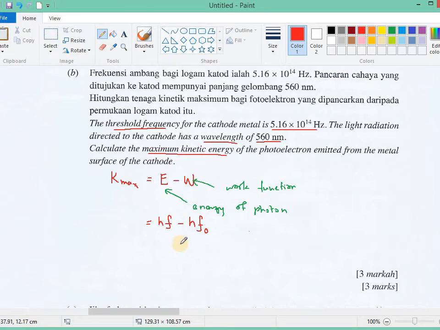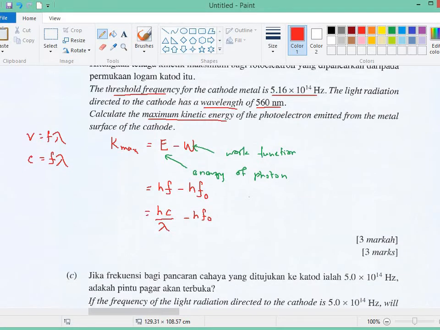Since speed of light equals frequency times wavelength, from v equals f lambda, the frequency equals the speed of light over the wavelength of the light.